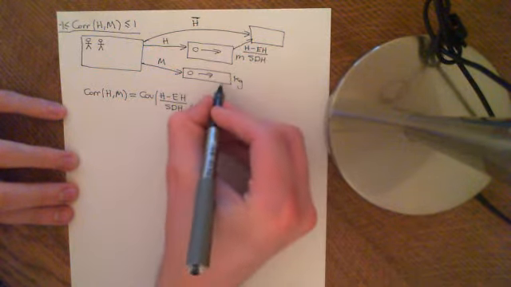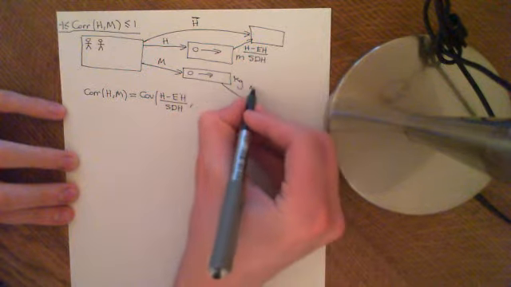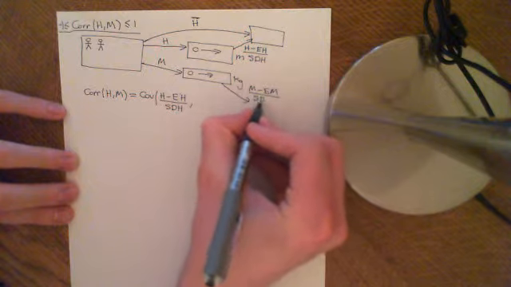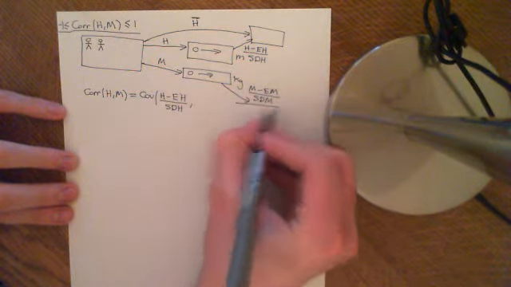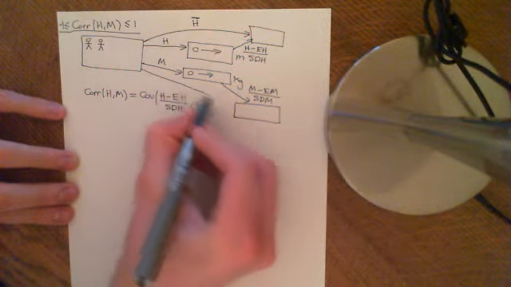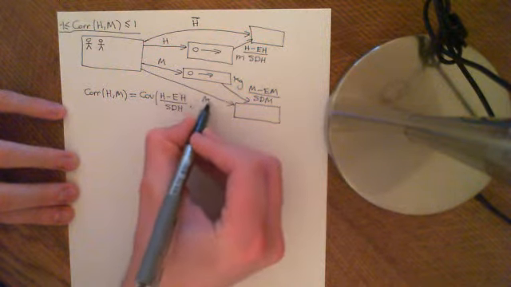And similarly, we can construct one for mass. We can take the mass, subtract off the expected value, the mean value, and then divide by the standard deviation of the mass, and that will tell you how many standard deviations you are within the average mass. We'll call that random variable m bar.